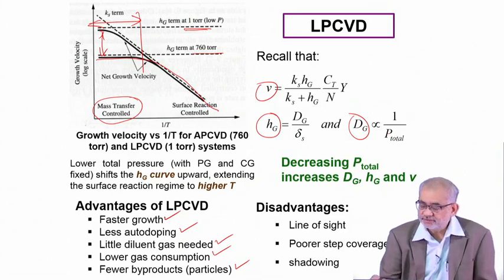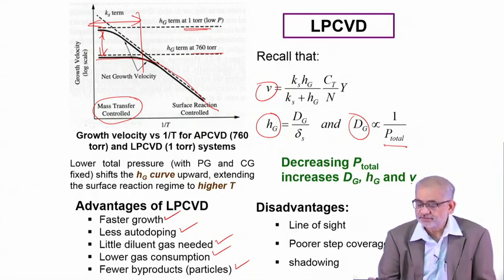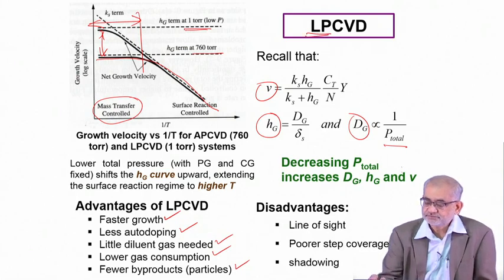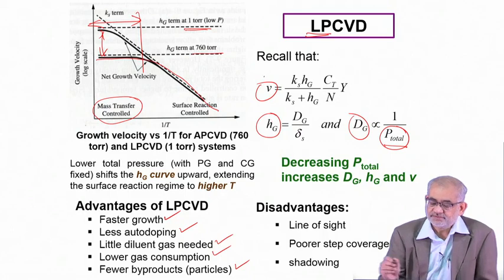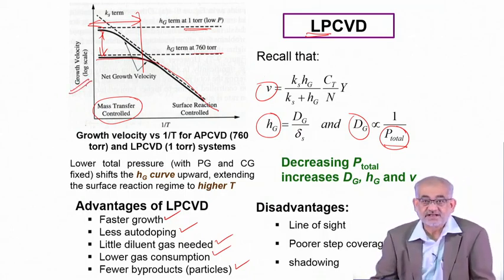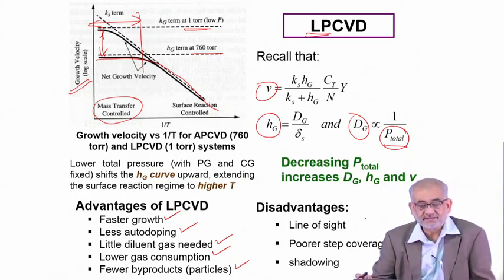So if you decrease the total pressure, then you increase the diffusivity, you increase the convection coefficient and also the velocity. So making it low pressure helps in increasing all these major kinetic parameters, and as a result the growth velocity in general is higher at high temperature region. On the other hand, this process, like any other CVD process, is a line of sight process.